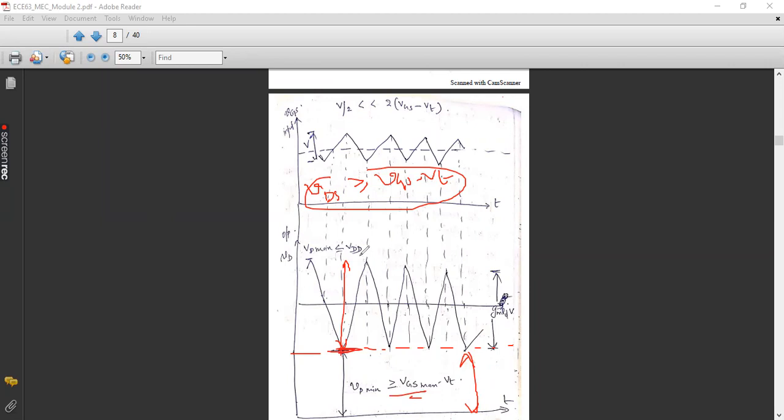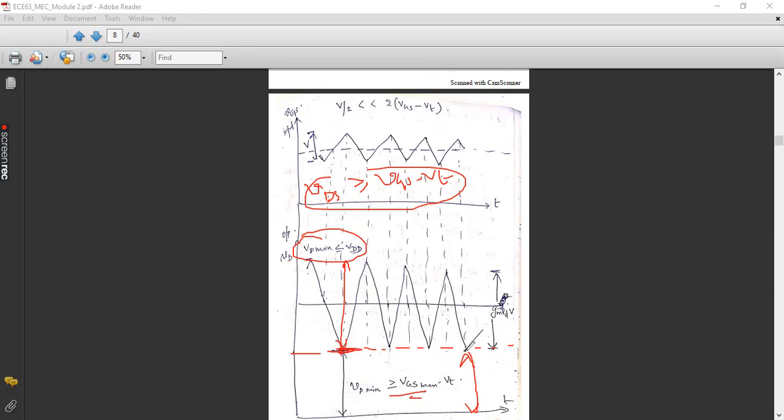And at the same time, the maximum amplitude of your output signal will not go beyond VDD. Why? Because the supply voltage is VDD itself. So your output is swinging in between VDD and VGS minus VT. So this is a maximum level and this is a minimum level to be ensured. If you bias the circuit properly, fix the Q point properly by taking RG1, RG2, RS, those things, then we can maintain this level.